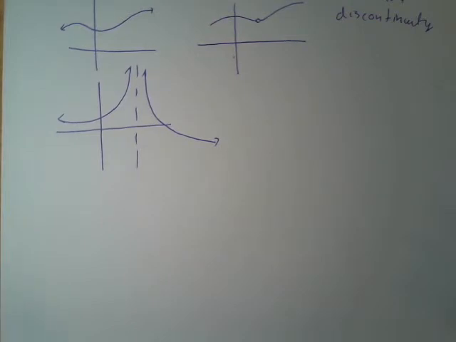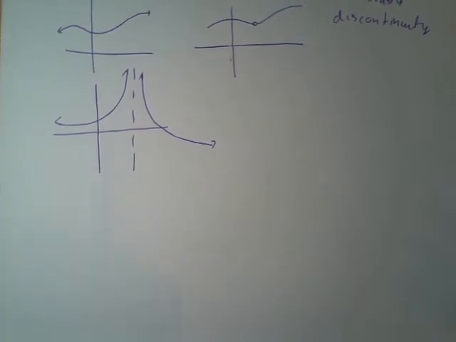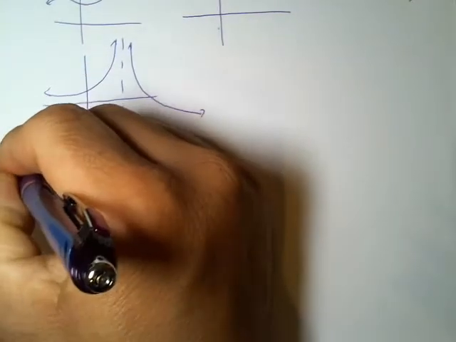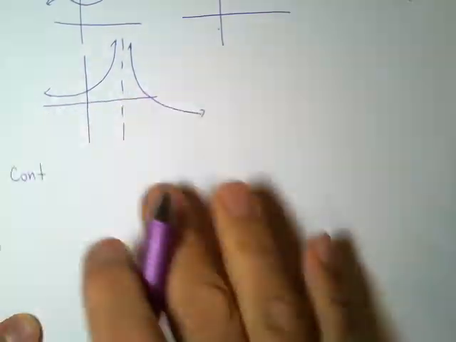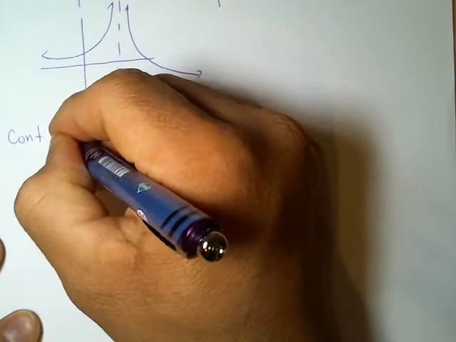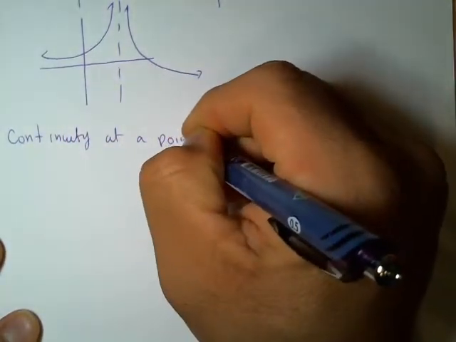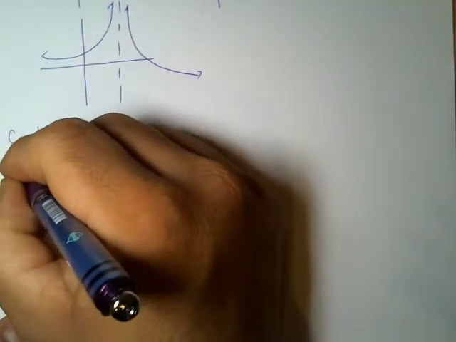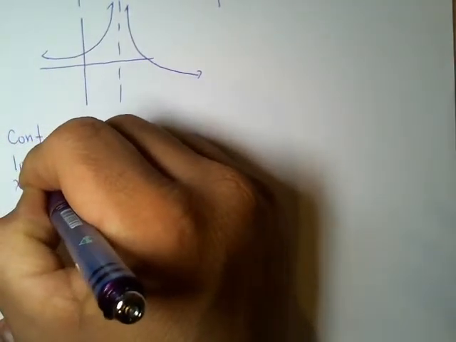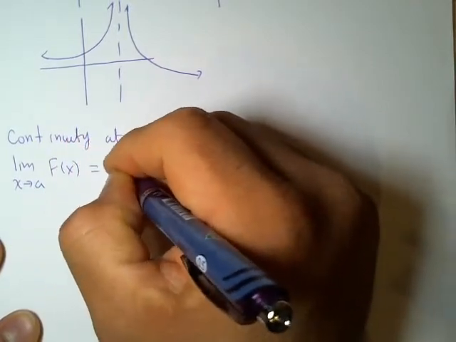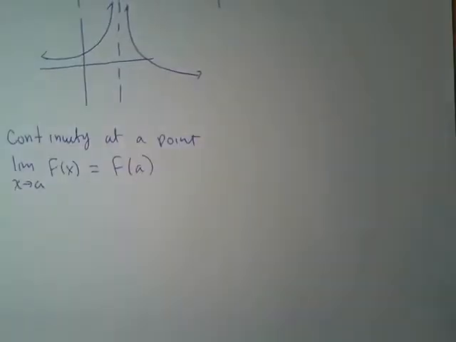So what we're going to do now is reframe that in terms of our limit, more of a calculus view. We're going to define continuity at a point, and that's going to be the limit as x approaches a of f of x is equal to f of a.